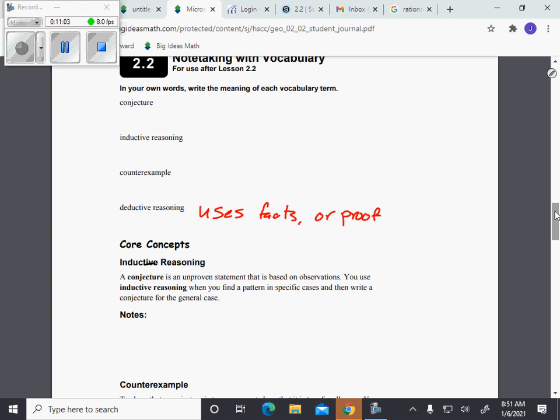Okay? And then I'm going to go back to counterexample. Counterexample is just one case. All you have to do is find one case that proves the conjecture false.